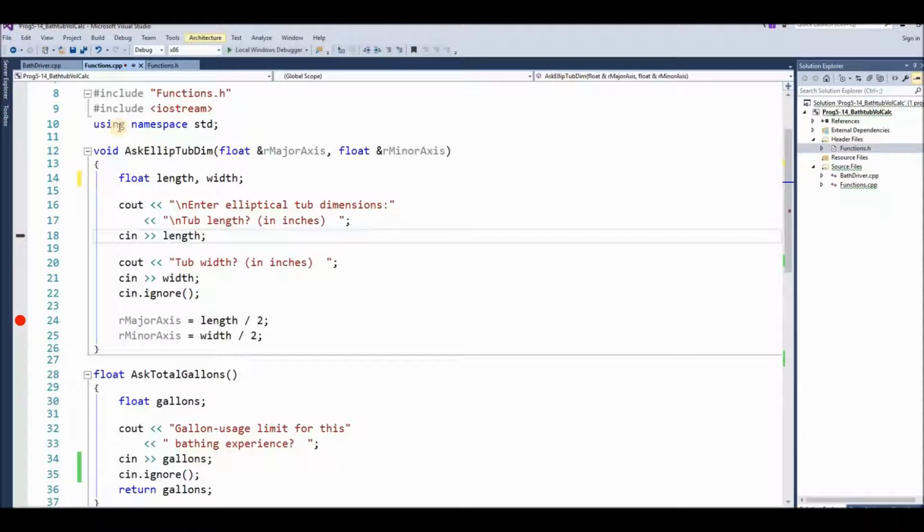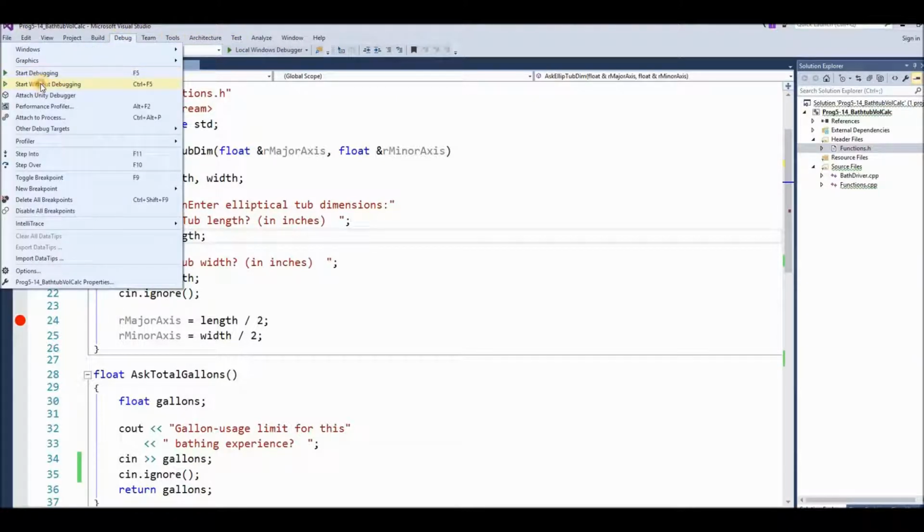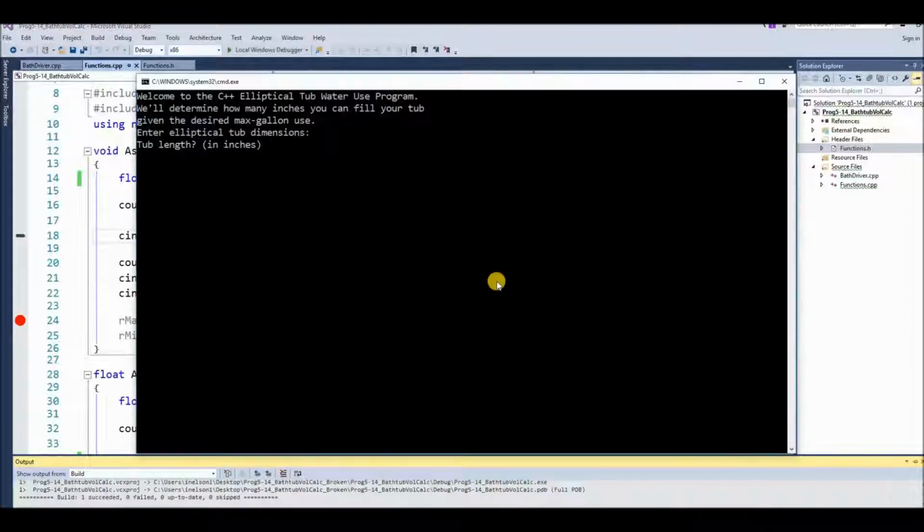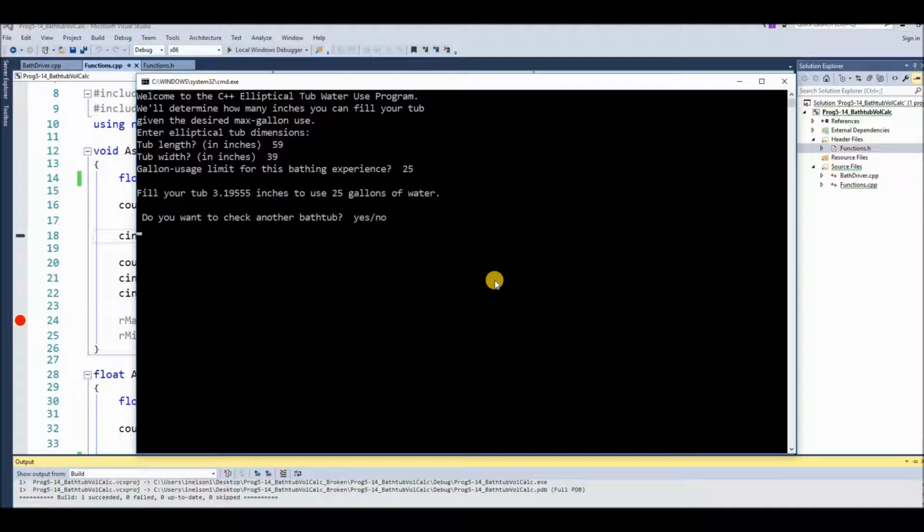So let's try it now. I'm going to run it again without debugging and see what answer I get. 59, 39, 25, and now I get 3.19555. Whoops, I lost the answer I had.